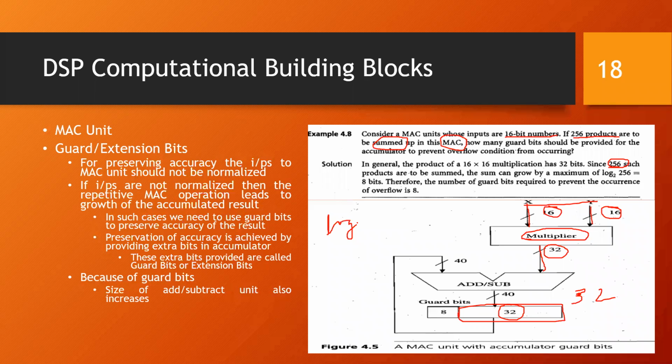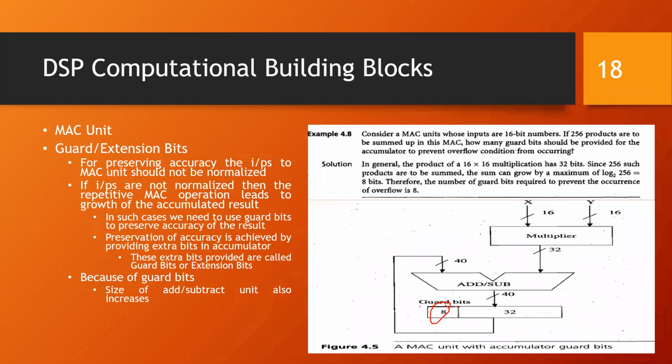So here I'll be having log 256 to the base 2, that is 2 raised to 8. So it will be 8 bits in excess, because 256 is 2 raised to 8.